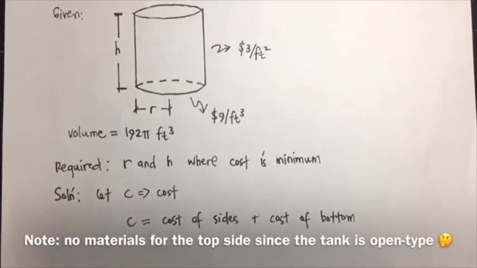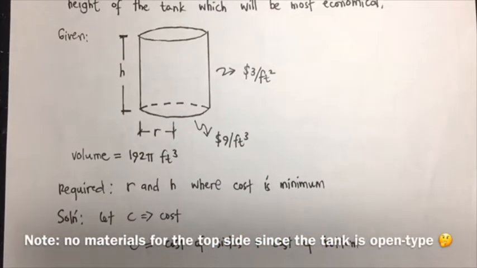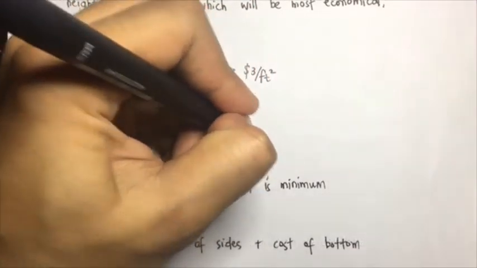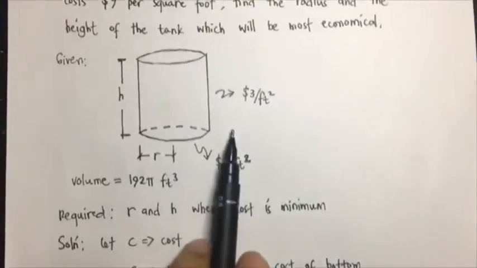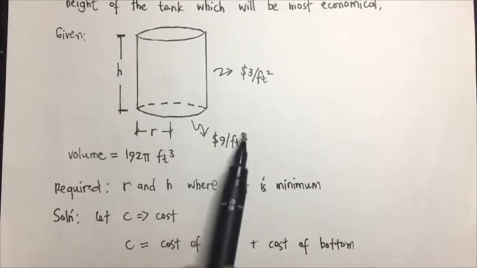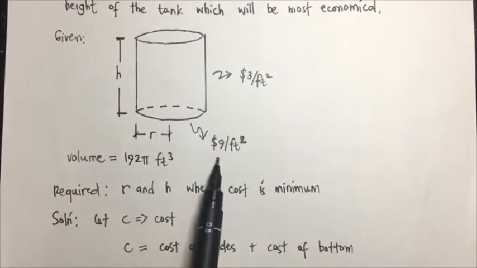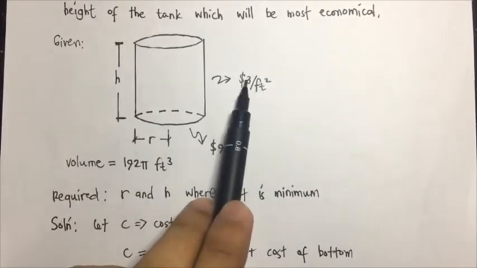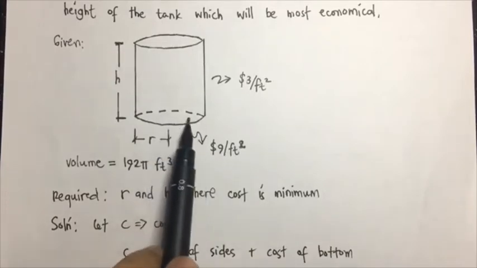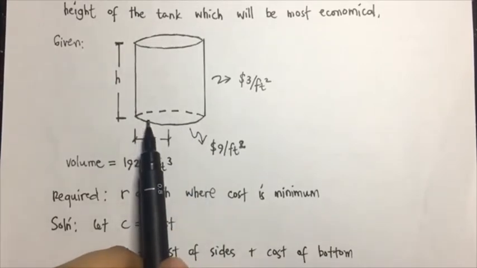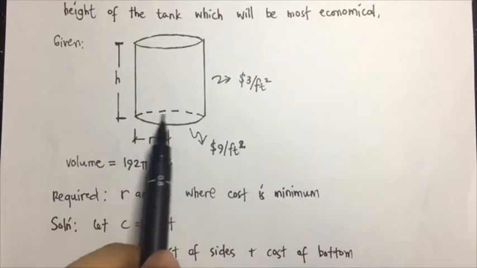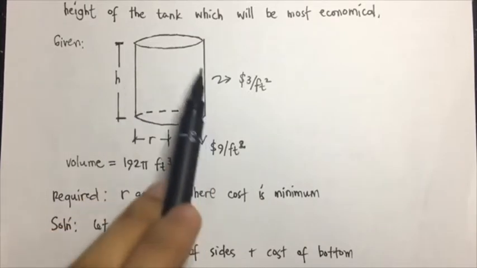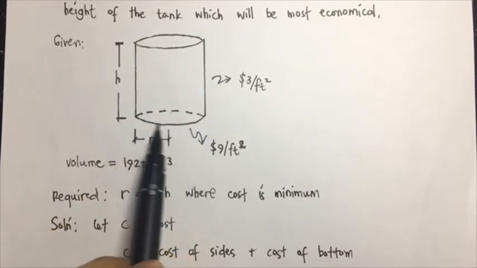Okay, so the cost now, oh sorry, this is 9 square feet. So the cost now, as you can see, is per square foot. So $3 per square foot for the sides and $9 per square foot at the bottom. So therefore, we will be needing the area of the lateral sides and the area at the bottom.